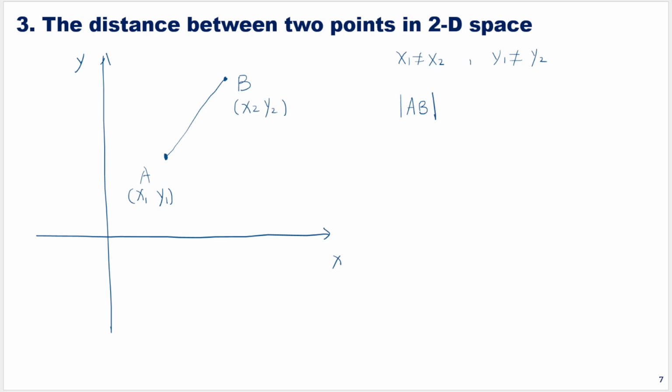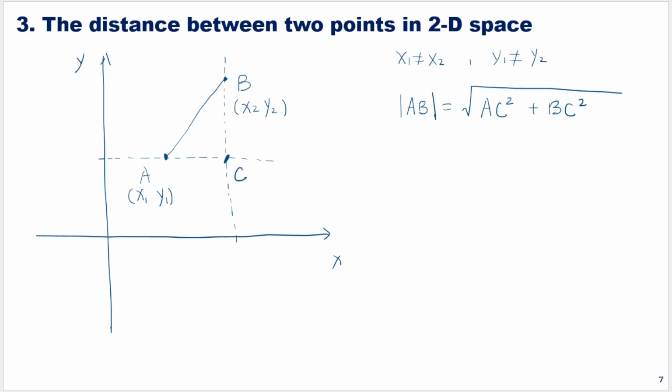So we can draw a line through A parallel to the x-axis, and draw a line through B parallel to the y-axis, and let's call this intersection point C. Then we know the distance AB is the square root of AC squared plus BC squared, right?